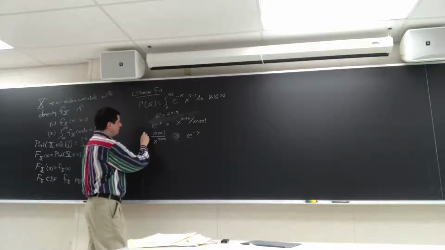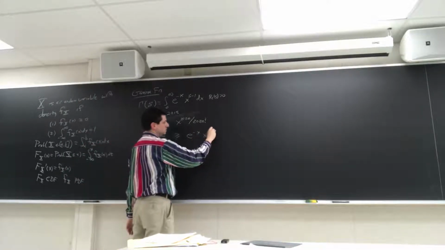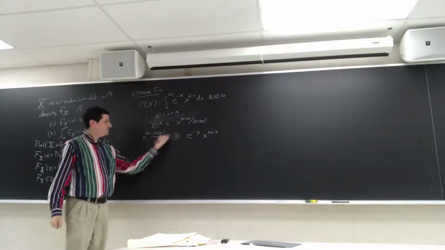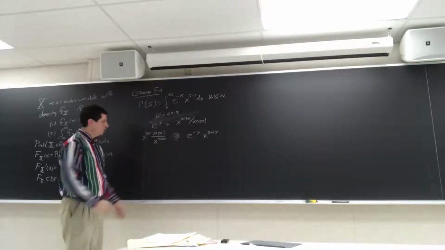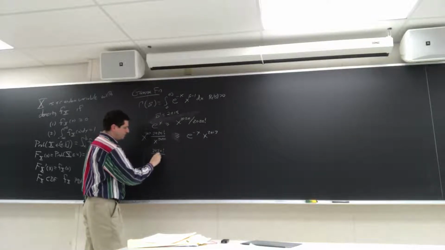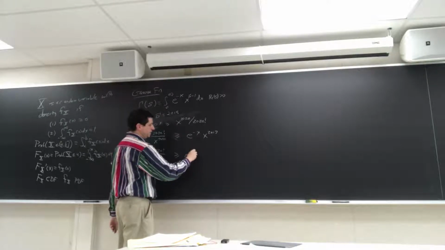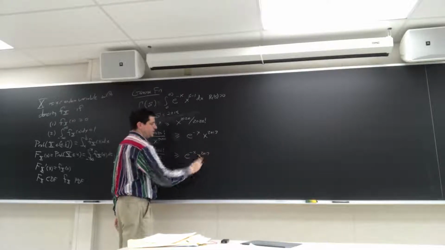Now if I multiply by x to the 2017, we see that this is still greater than that. Well, this is just 2020 factorial over x squared. And that's greater than or equal to e to the negative x, x to the 2017.